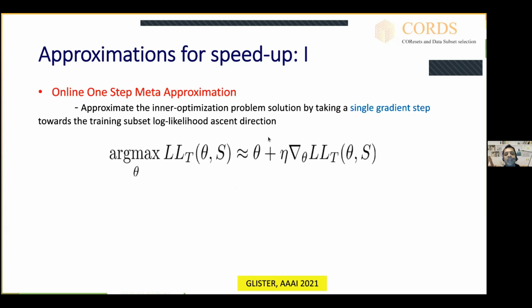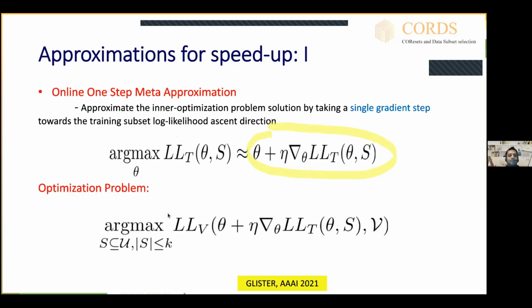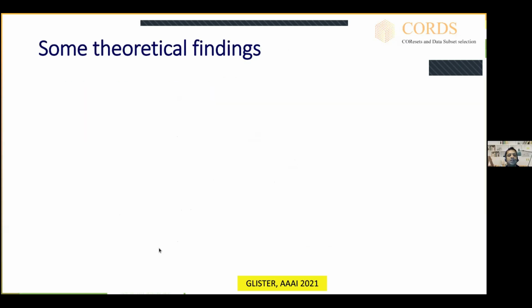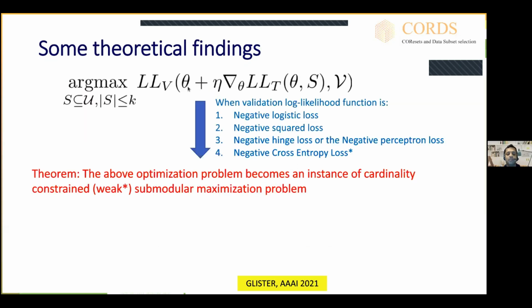You take the one-step gradient update, a single gradient step towards the training subset log likelihood ascent direction. That's the first. Now based on this, you could identify the subset every time again, but that also is expensive. Just because you have plugged this theta here doesn't mean that the subset selection is now going to be fast. Of course, before we move to other practical aspects, let's look at some interesting properties.